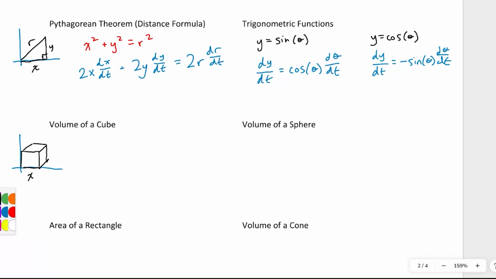So if one of the side lengths is x, then the volume would just be x cubed. And the derivative of this with respect to time would be dv dt equals 3x squared dx dt.